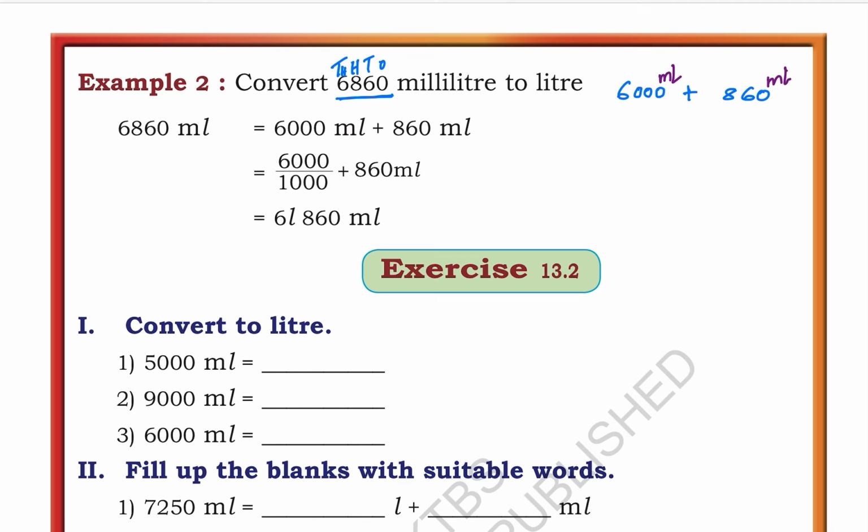Now we have to convert it into liter. Now convert the 6000 into liter. 6000 by 1000, that is 6 liter. 860 ml, you place it like that itself.